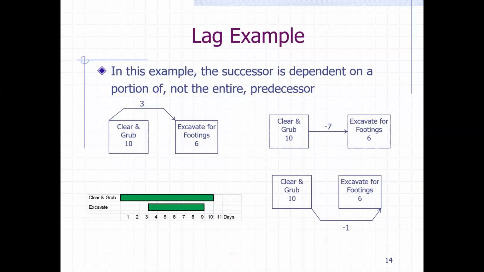Let me grab my pen. So let's assume the starting day here is 0, and then the early finish is 10. Then 7 days before that, this activity can start. So you don't have to wait for this activity at day 10 to finish for this activity to start. If we assume this is the timeline here, 0 to 10, then it can start on the 3rd day here and move forward.